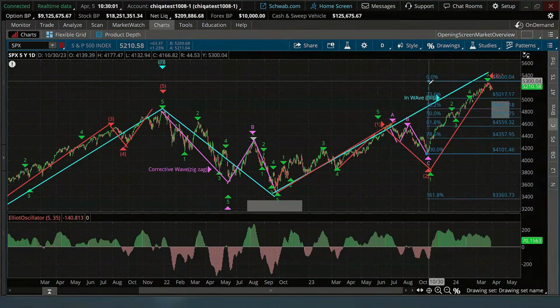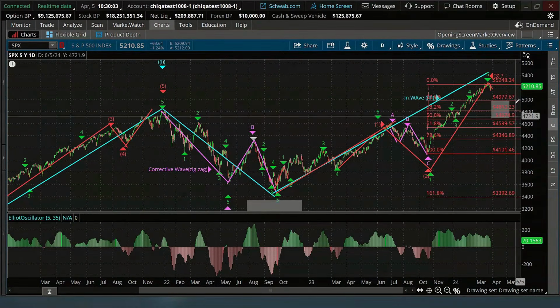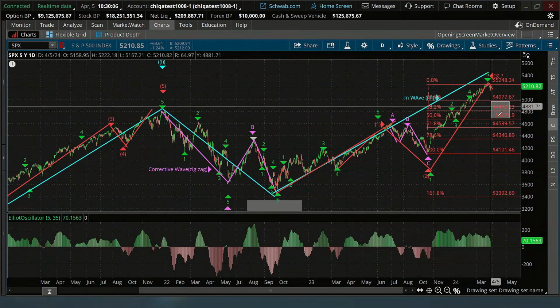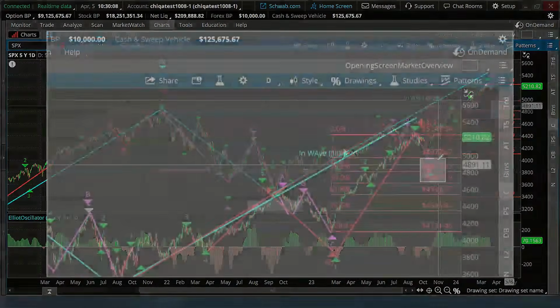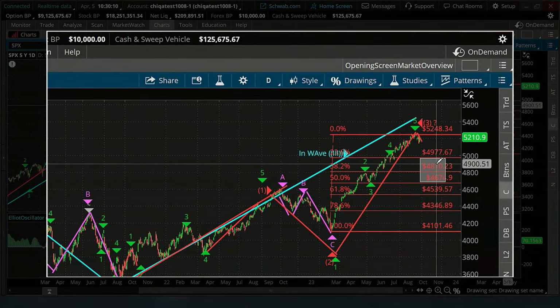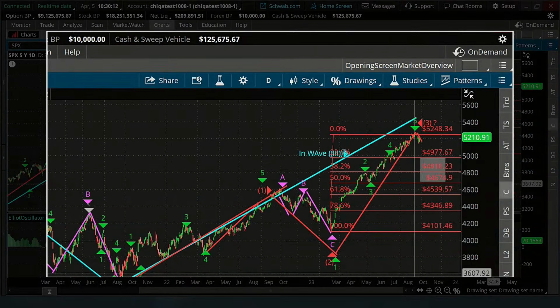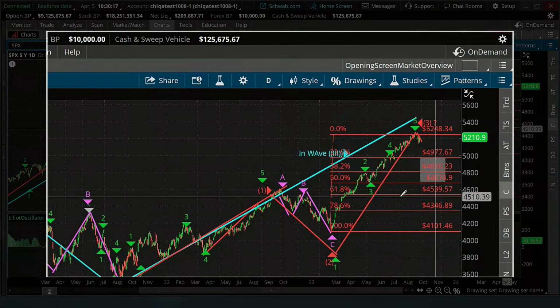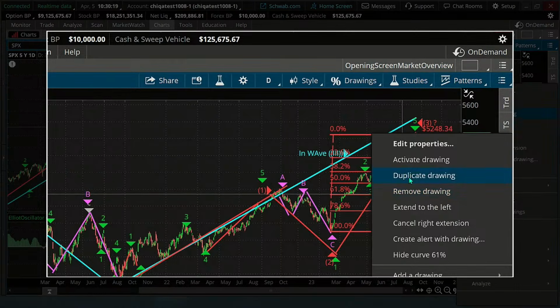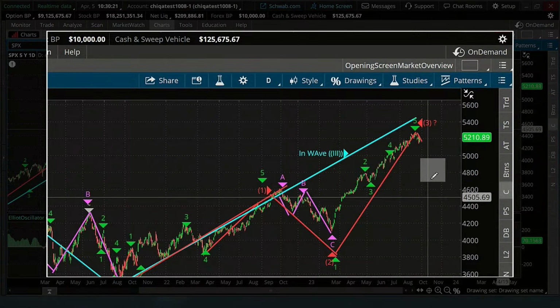Okay, so you can see I have the box straddling the 38.2% level. So this is a potential zone, okay, that if we are entering wave 4, the correction, if there is going to be one, could take us to.